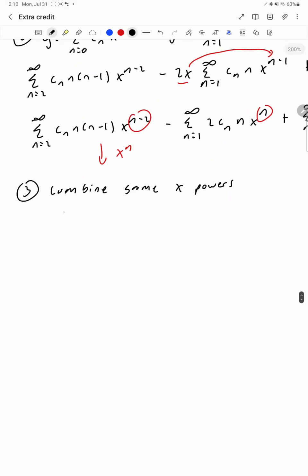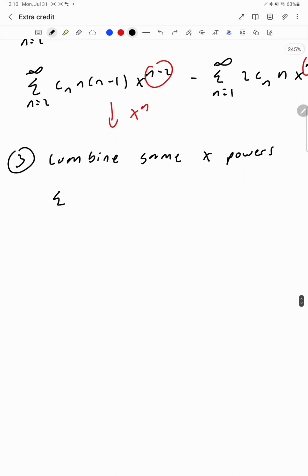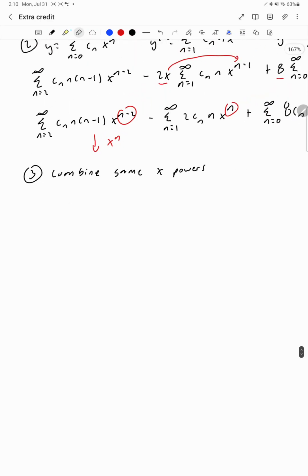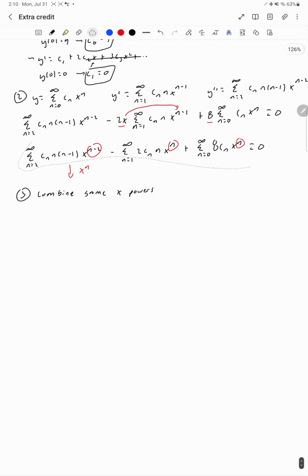And so this first series we have here, where the starting point is n equals 2, I'm just going to copy paste here so that we know what we're doing.